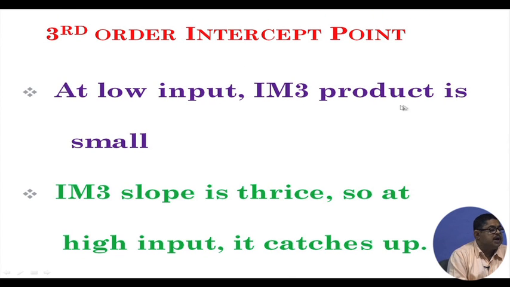At low input IM3 product is small, so it is negligible, but IM3 slope is thrice. So, at high input it catches up.